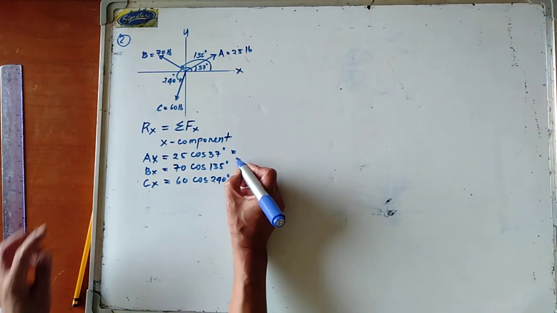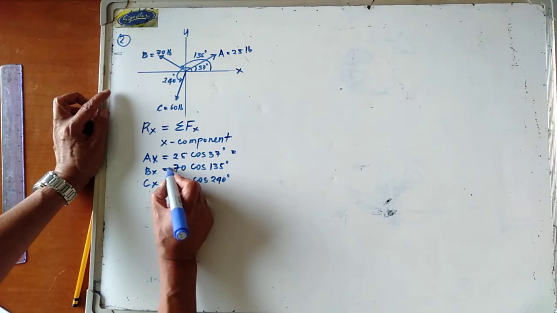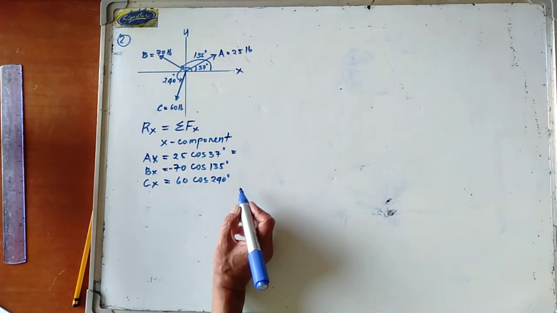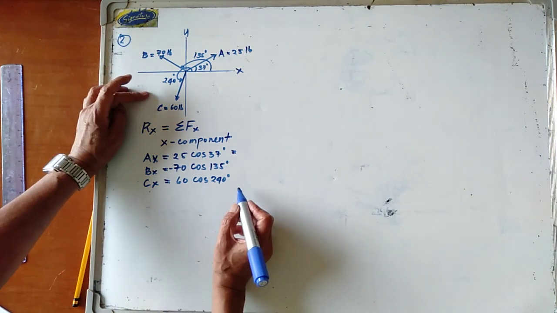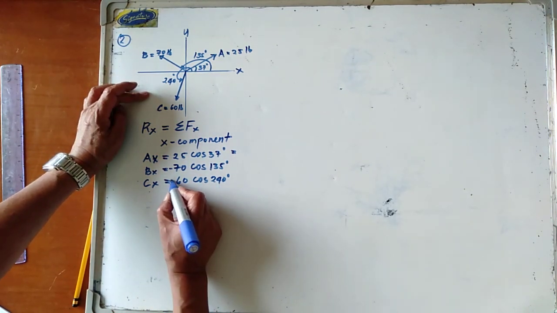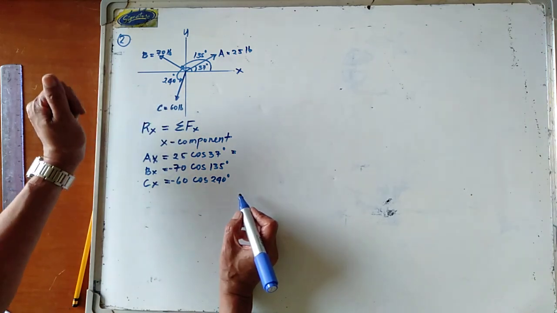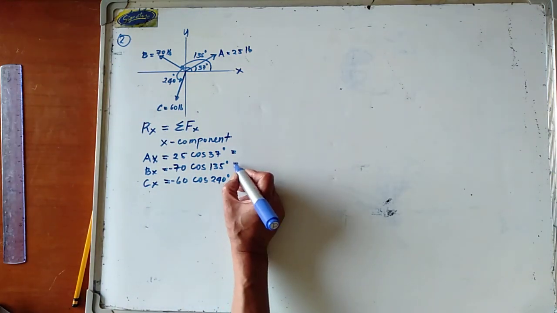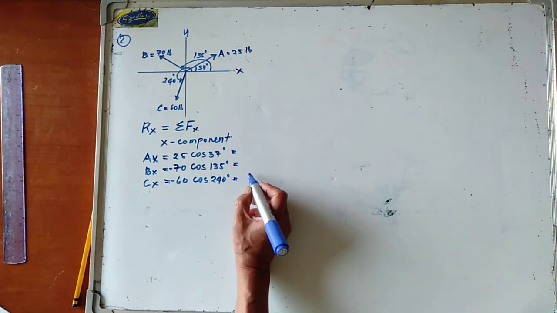The one in B is negative because the component of B in the x-axis is going to the left. Similarly, with force C, that is negative. The component of the 60 pounds in the x-axis is again going to the left.